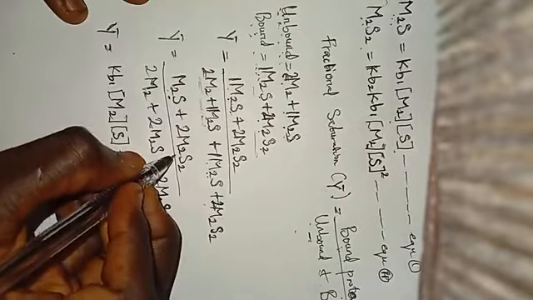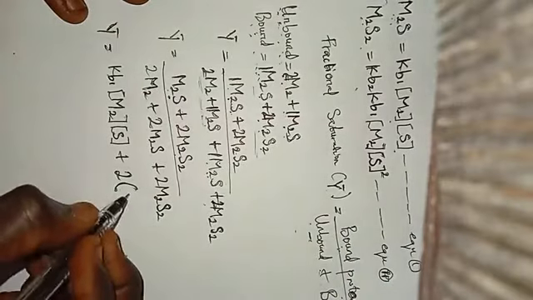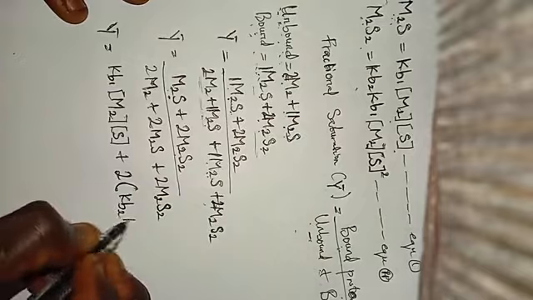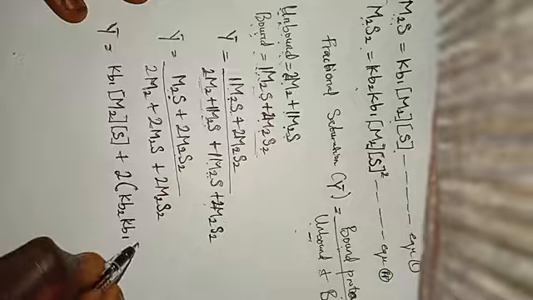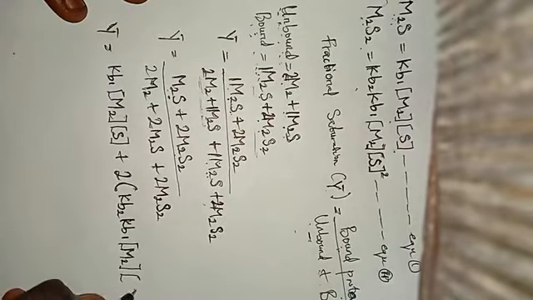What is our M2S2? We already have it here: KB1, KB2, M2, S square. Then you close the bracket.